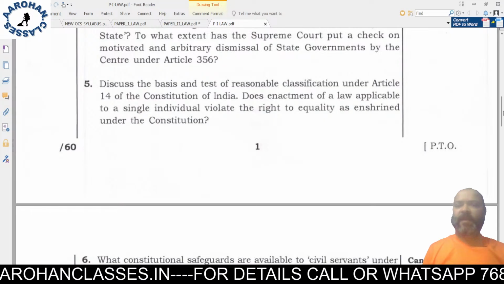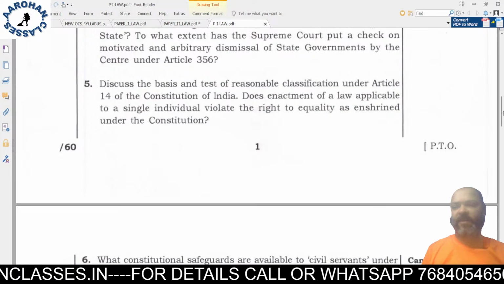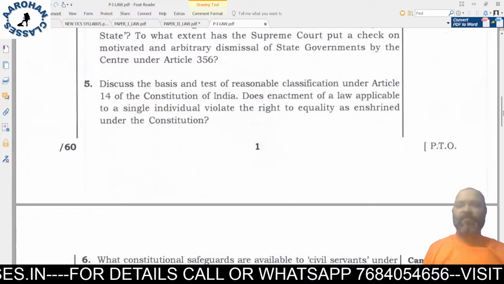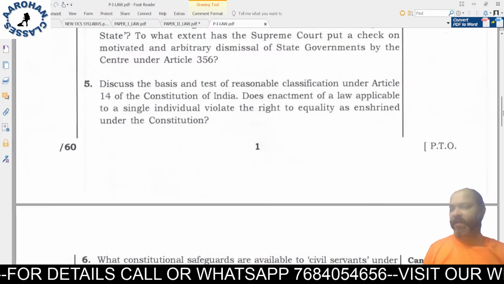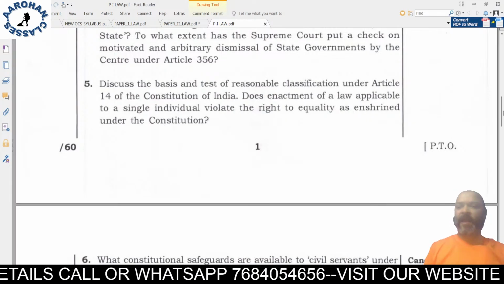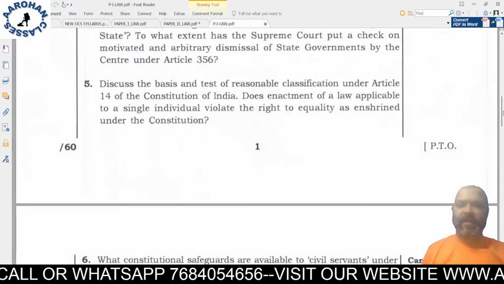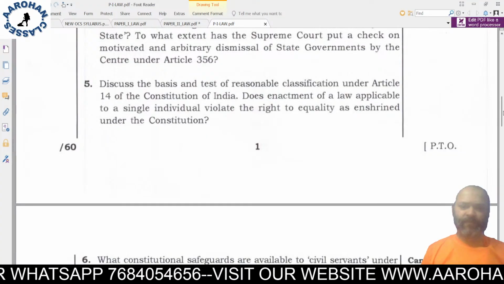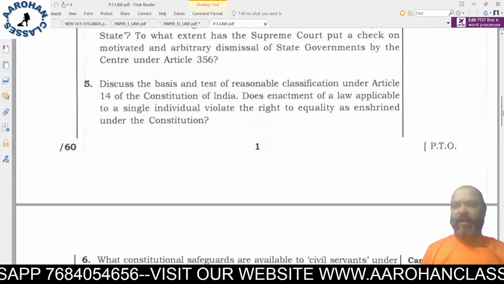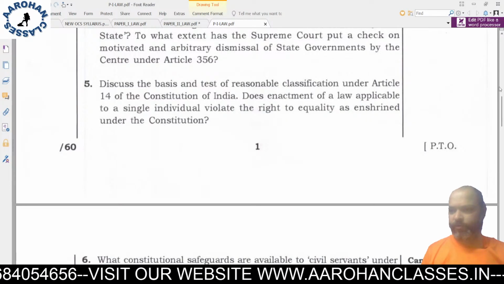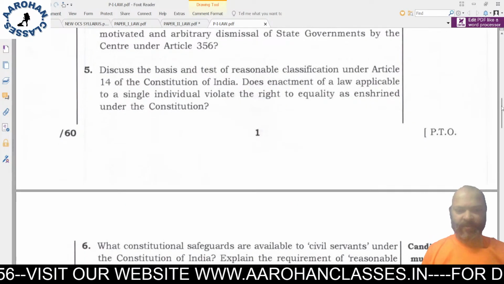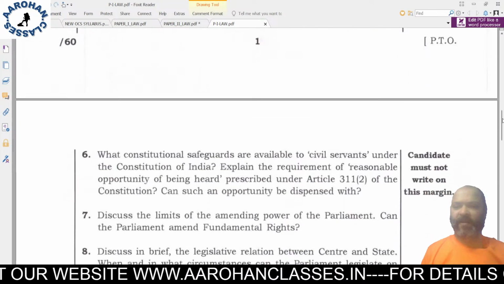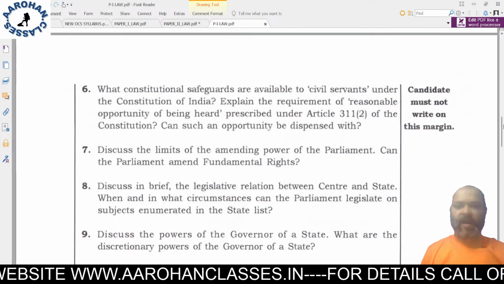Discuss the basis and test of reasonable classification under Article 14 of the Constitution of India. Does enactment of a law applicable to a single individual violate the right to equality as enshrined under the Constitution?